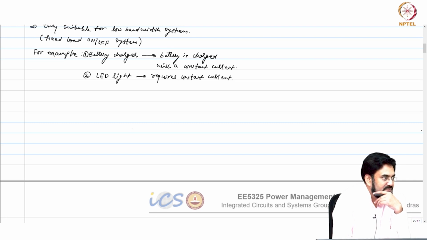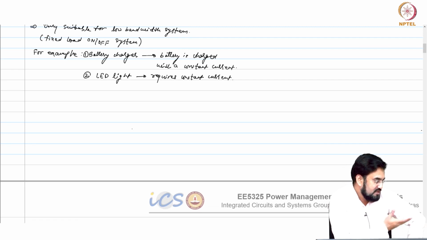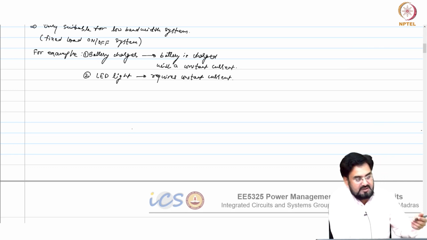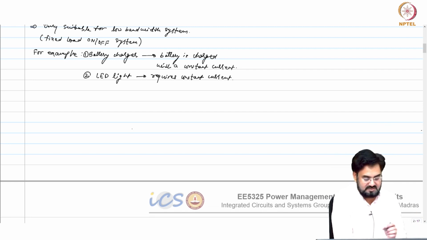The moment you start getting the call, your RF transceiver will start drawing higher current and then your load will change. In that case the slow loop is not enough and you want your power supply to respond faster, otherwise your voltage will drop and it may go below your regulation level and it may even shut down your system. So, you do not want that to happen.